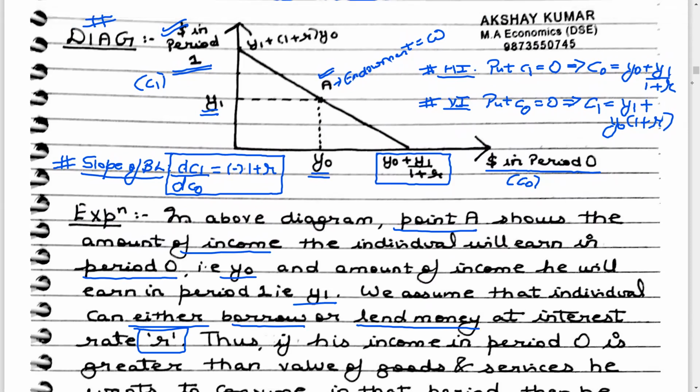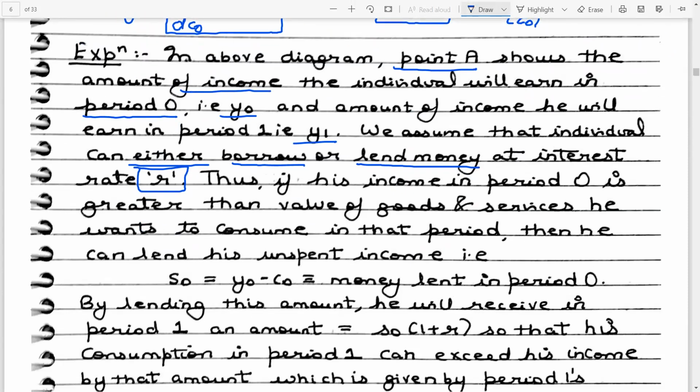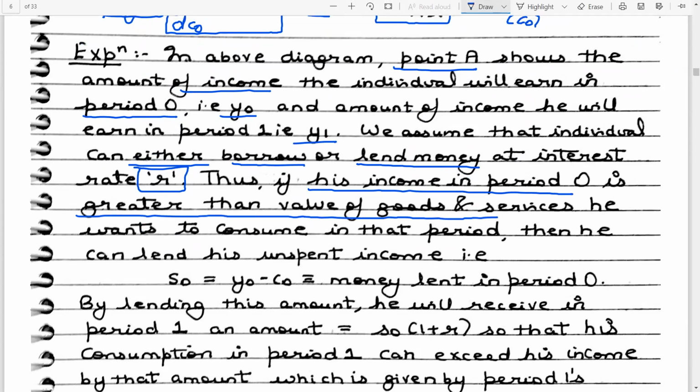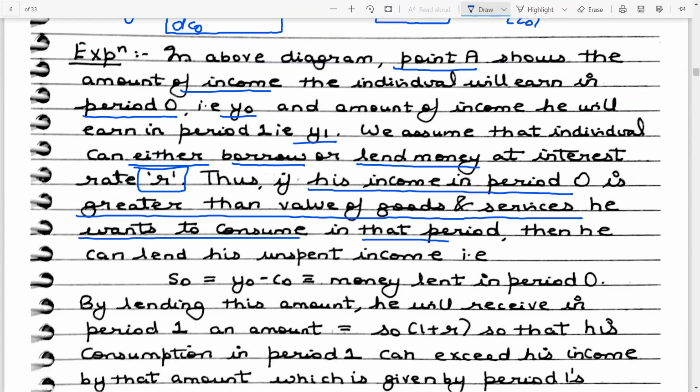Then all of us know the concept of net borrower and net saver. We have done this in intermediate microeconomics also. If his income in period 0 is greater than the value of goods and services he wants to consume in that period, then he can lend his unspent income.